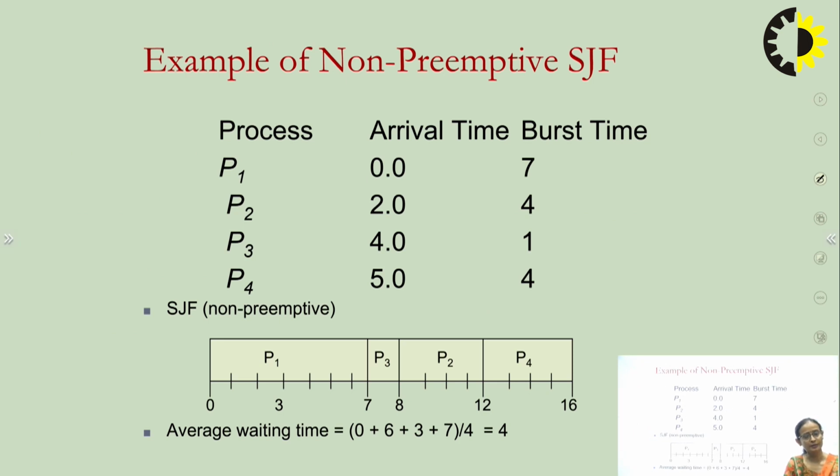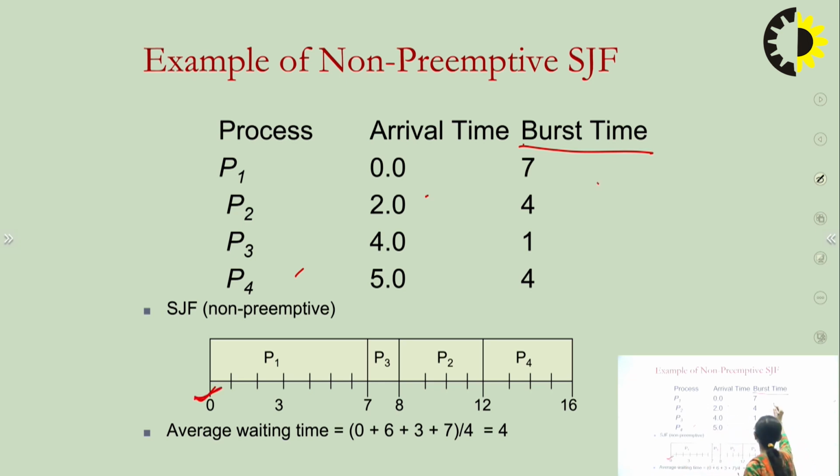Let's discuss the SJF with the help of examples. First we are going to discuss the non-preemptive SJF. Again we have 4 processes. These are the arrival times and this is the CPU burst time for these 4 processes. We start at time 0.